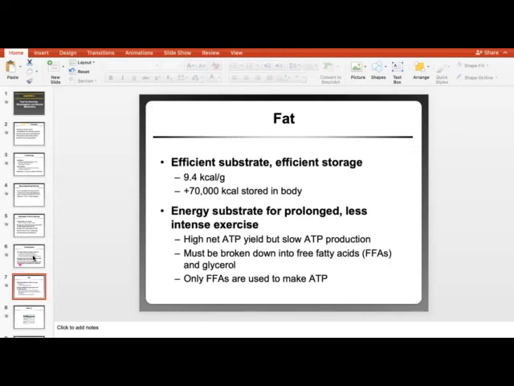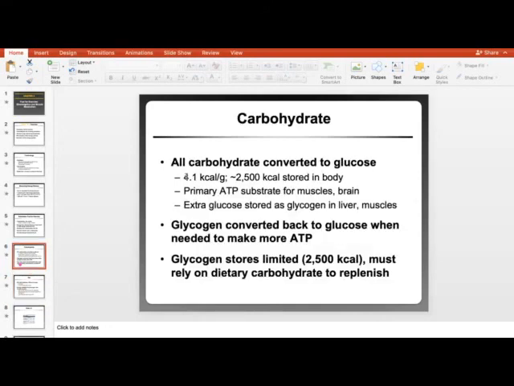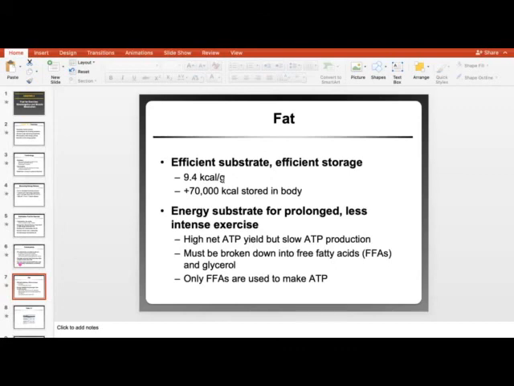There literally is no limit to the amount of fat that can be stored. And the reason your body does that is because of this number right here. Fat is just a better storage strategy than storing things in carbohydrate. You can store more than twice the amount of kilocalories in the form of fat.